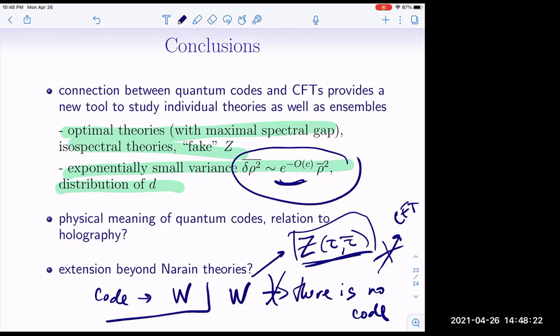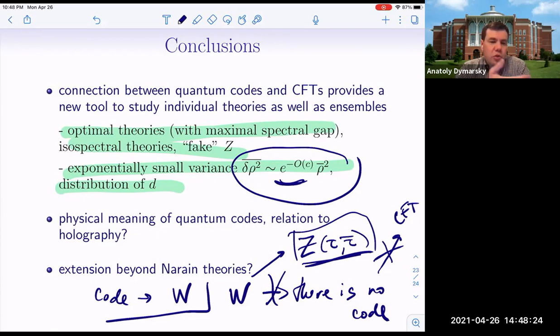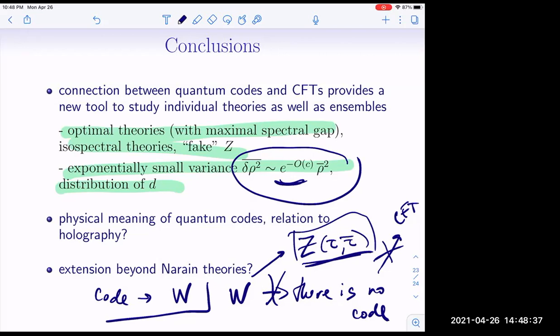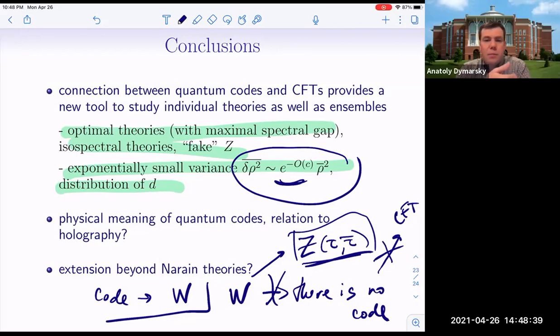When I say that there is no known CFT, it means that there is no CFT which would give you this Z, and there might be no such CFT at all. It is a possibility that it's impossible to start with this spectrum and complete it with OPE coefficients.